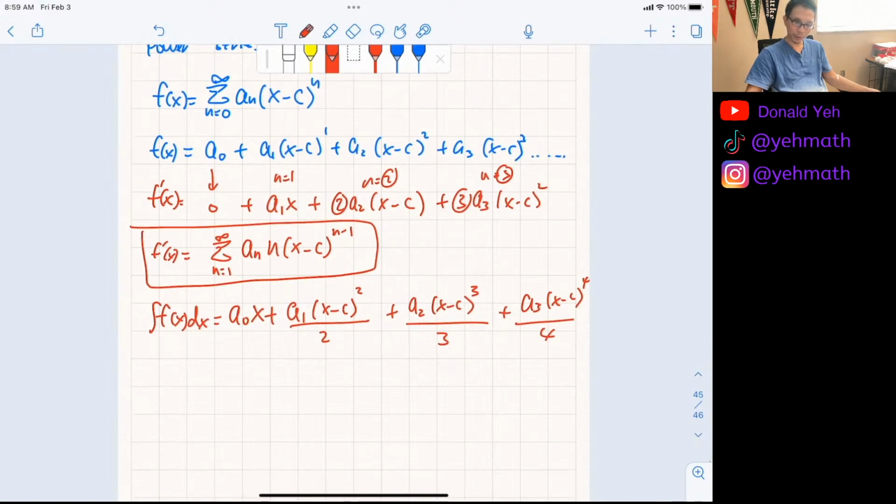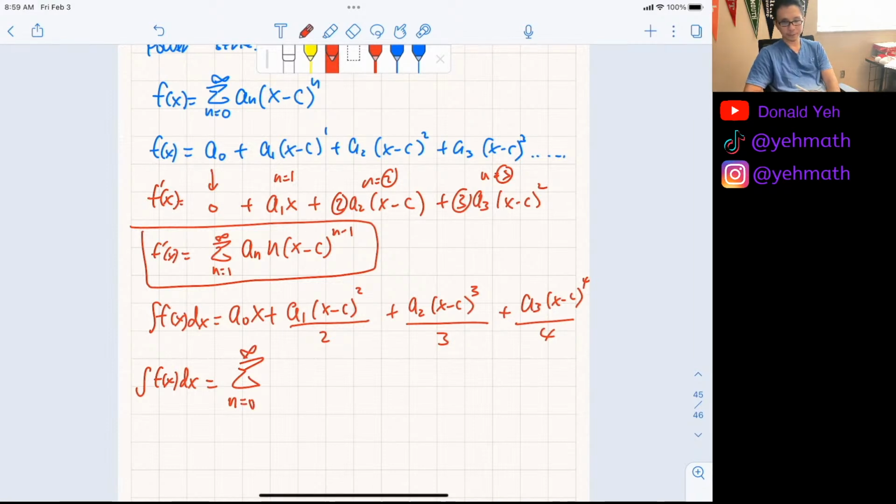So can you tell me what is the general expression of this? Let's practice. Do I start the summation at which number? n equal to 0 to infinity.